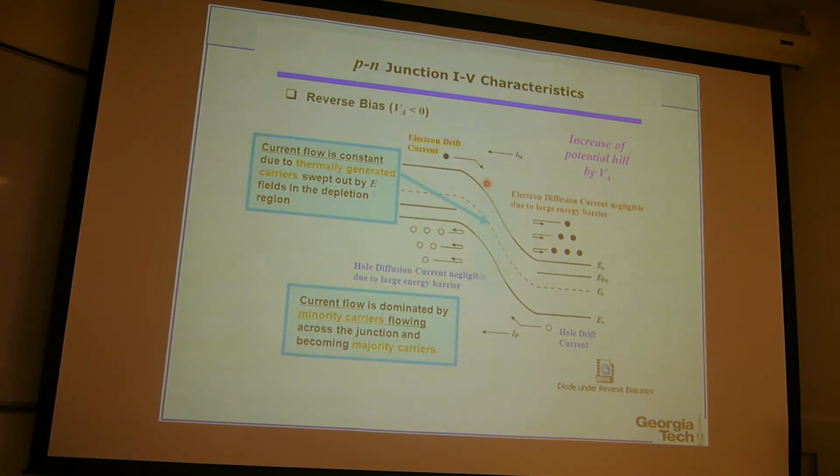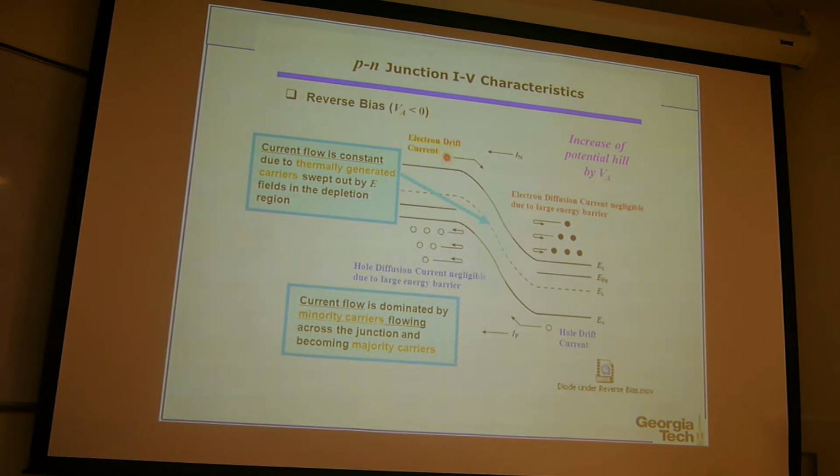With an increase of the negative voltage you are going to get a higher barrier, but your negative current will not increase, it will saturate. Because here, the number of electrons available to fall down is a constant.